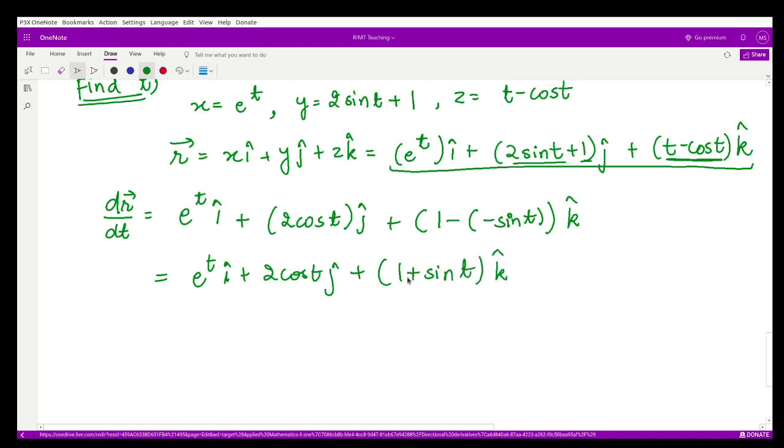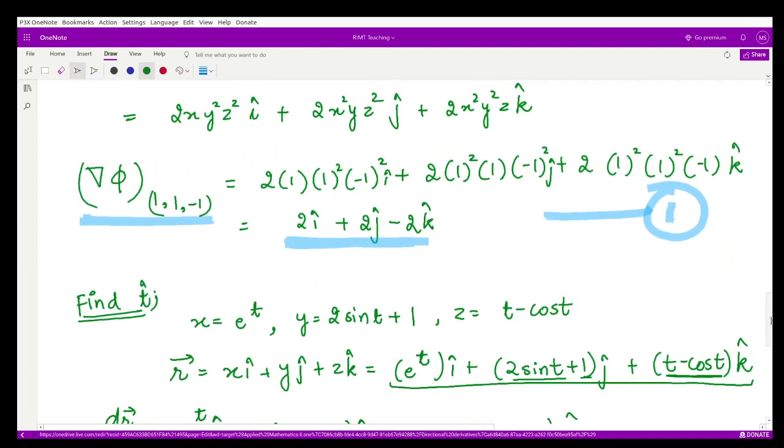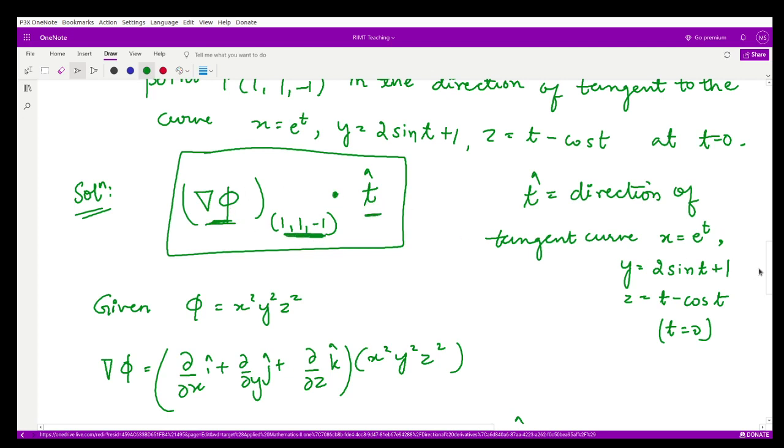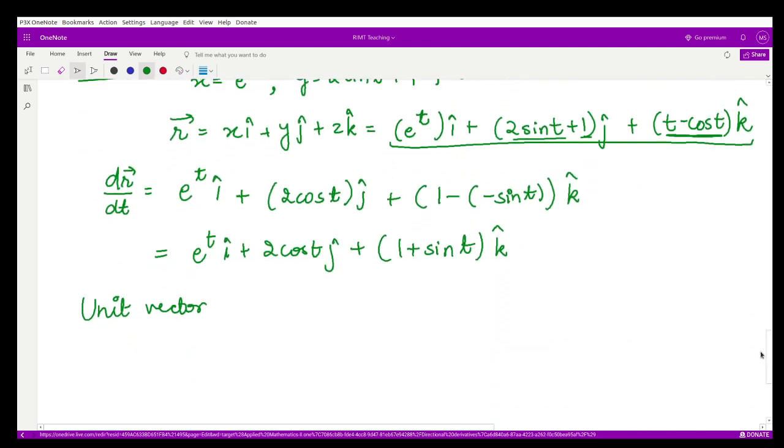Now the next thing is to evaluate the unit vector, because for the directional derivative we require to compute this quantity, where the first thing is the gradient of the given function calculated at a certain point and its dot product with the unit vector in that particular direction, right? So in order to compute this unit vector, this is our vector, we will divide this vector by its magnitude.